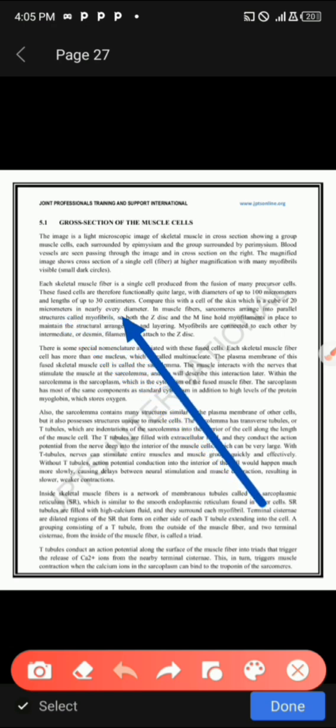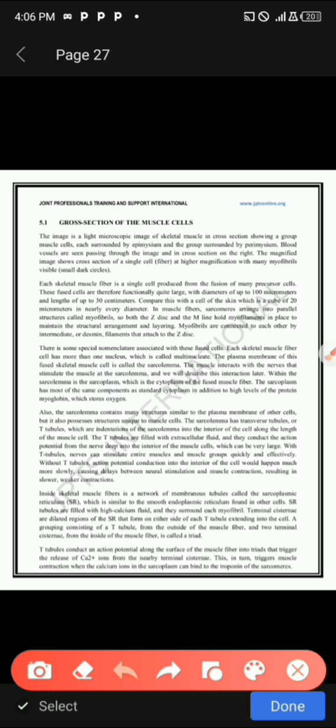In a muscle fiber, sarcomeres are arranged into a structure called the myofibril. Both the Z-disc and M-line hold the myofilaments in place to maintain the structural arrangement and align them in a sequential order.